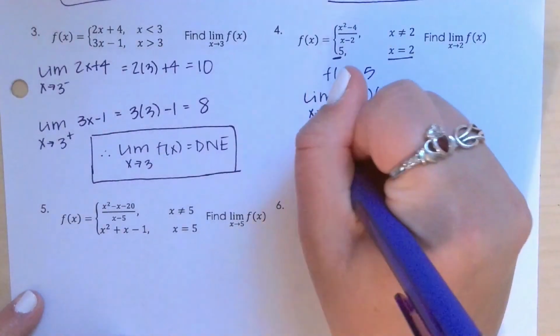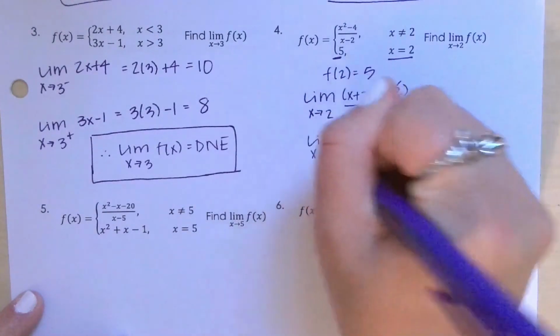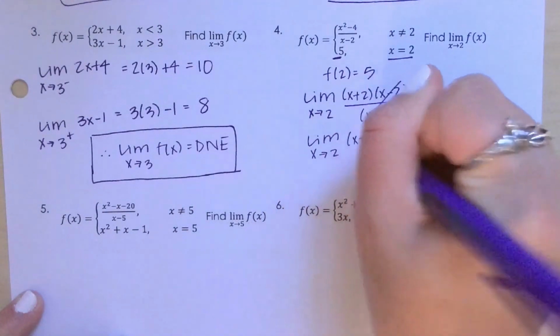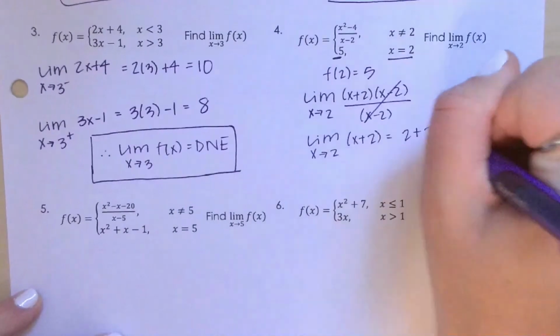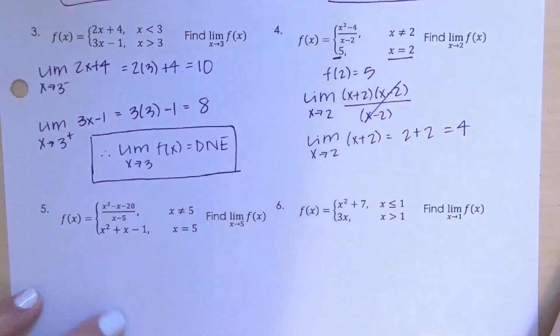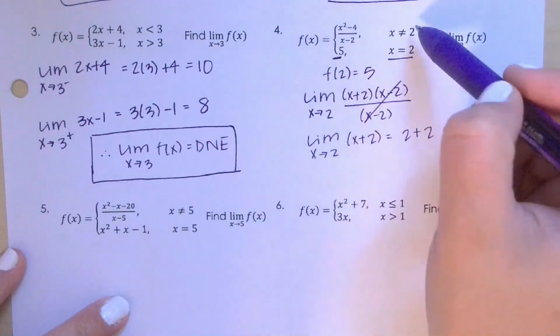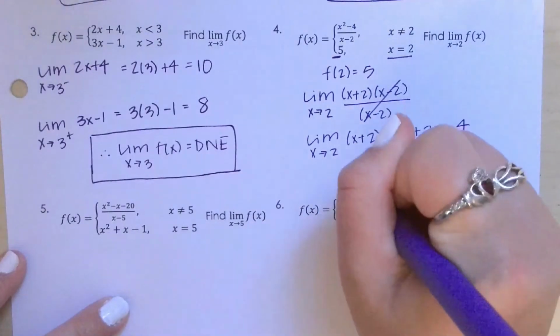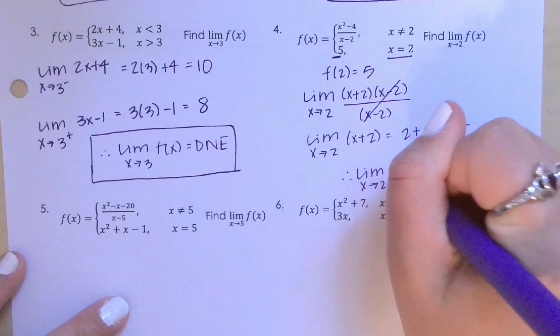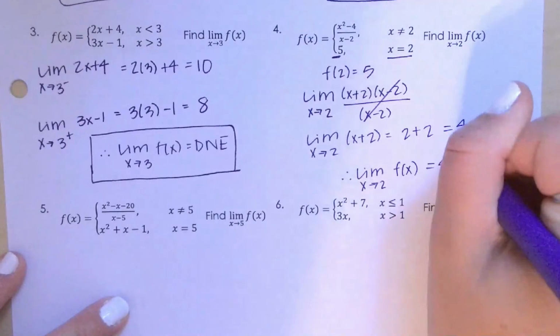So we're left with the limit as x approaches 2 of x plus 2. So now we can go ahead and substitute. We're just going to get 2 plus 2. So our limit equals 4. And like I said, since we didn't have to worry about the left and the right, since this covered both sides, that's it for this one. So we just have the limit as x approaches 2 of f of x equals 4.